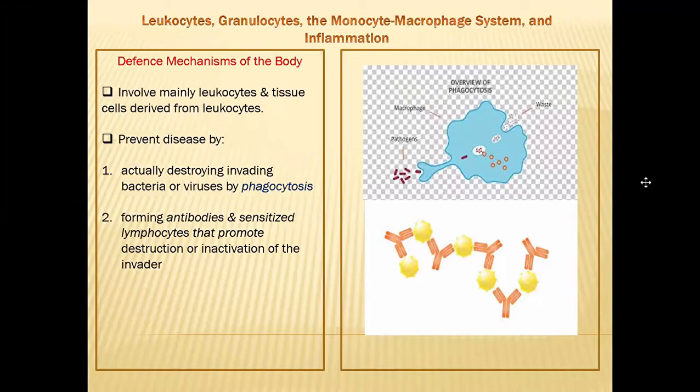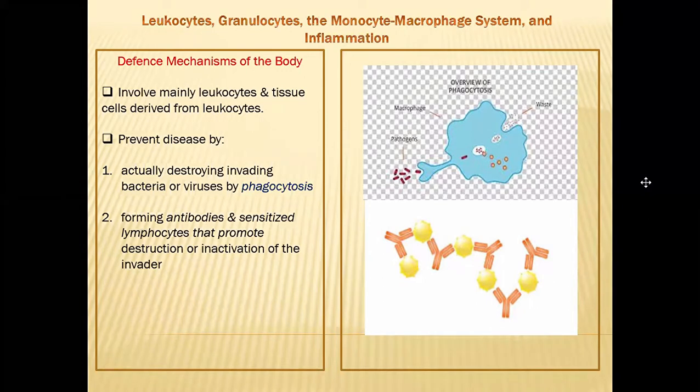We will later on learn what are these WBCs and then these derived cells. So how do they prevent disease? They prevent disease by actually destroying invading bacteria or viruses by way of phagocytosis.